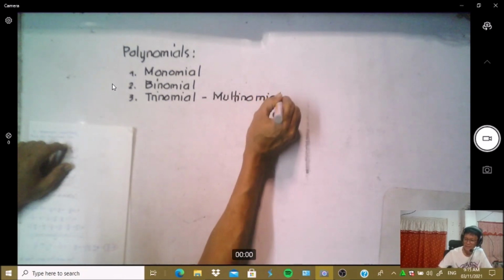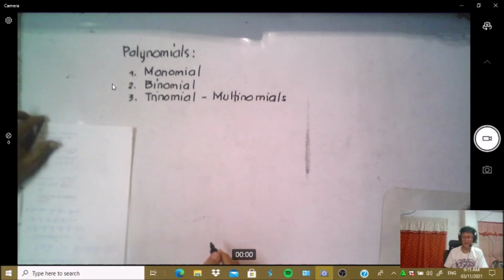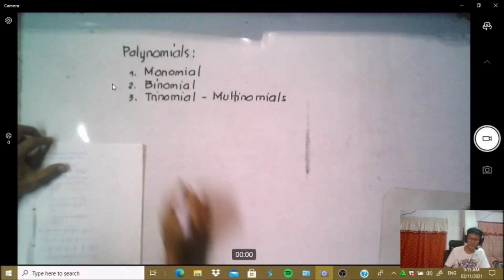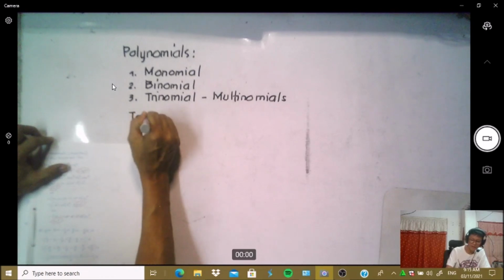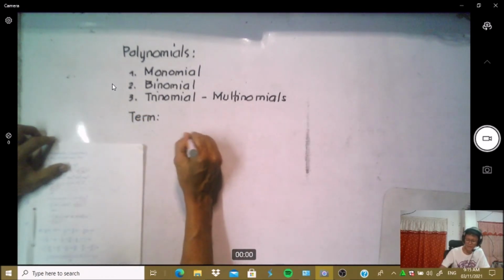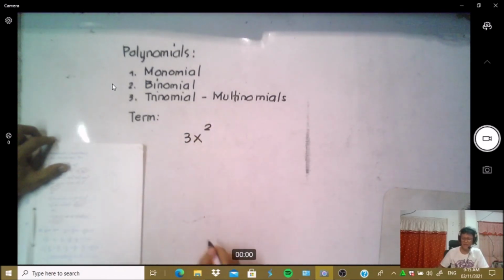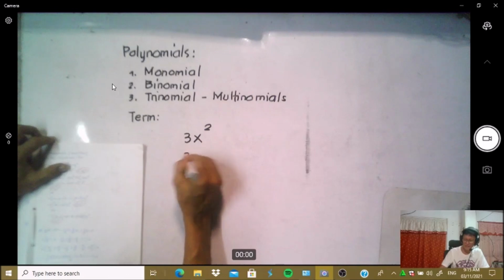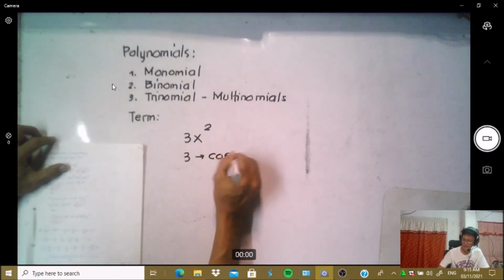Now, before we start with polynomial, let's go back first to recall algebraic terms. Okay. Now, say we have the example 3x squared. In that term, 3 is the coefficient.